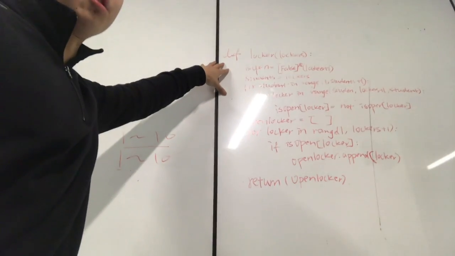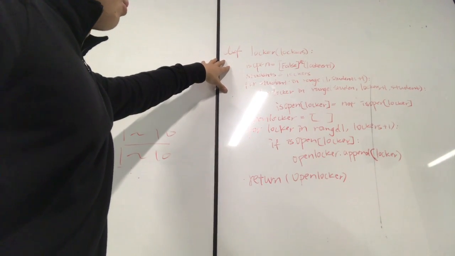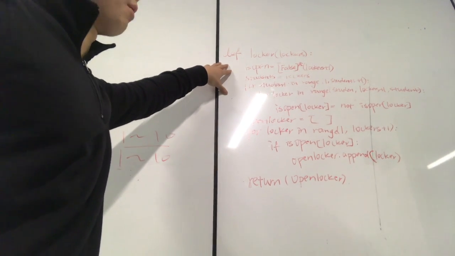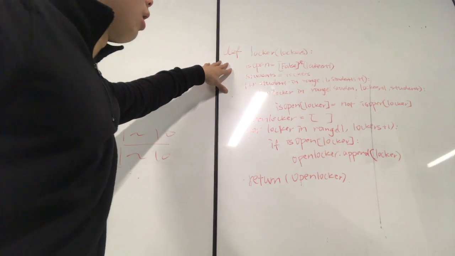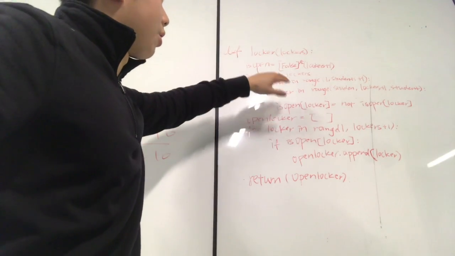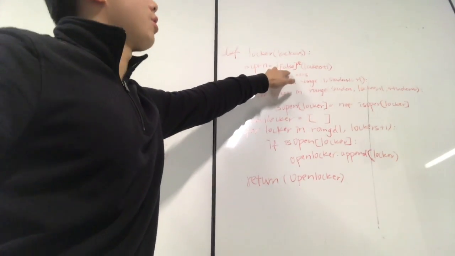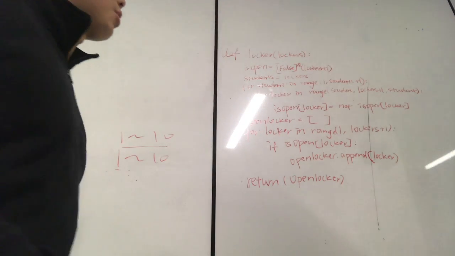So here's the solution to the locker problem with for loops. First, we have a function solving the locker problem, and we take a certain number of lockers. Then we set the status of all those lockers to closed, which I set as false, times lockers plus 1. Why lockers plus 1?